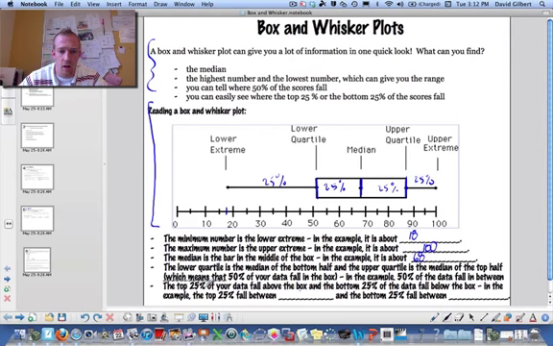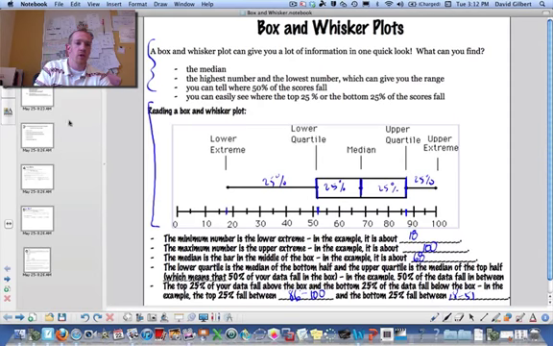So the top 25% of your data fall above the box and 25% below. In the example, the top 25% fall between about 86 and 100. And the bottom quarter is about 18 to 51.